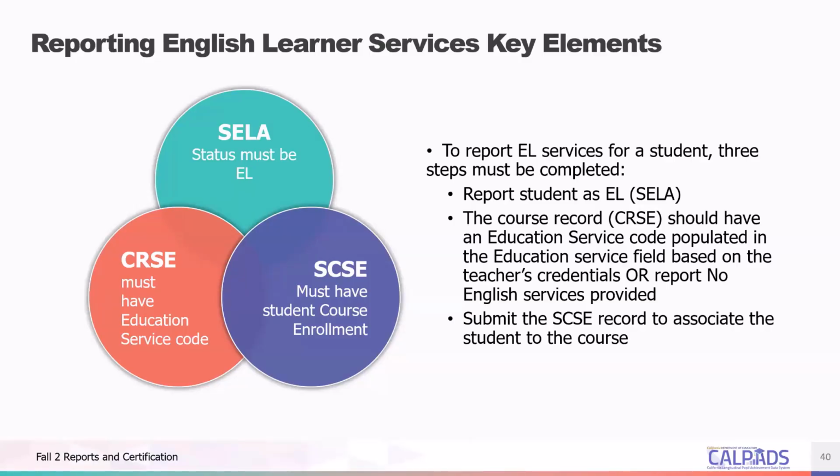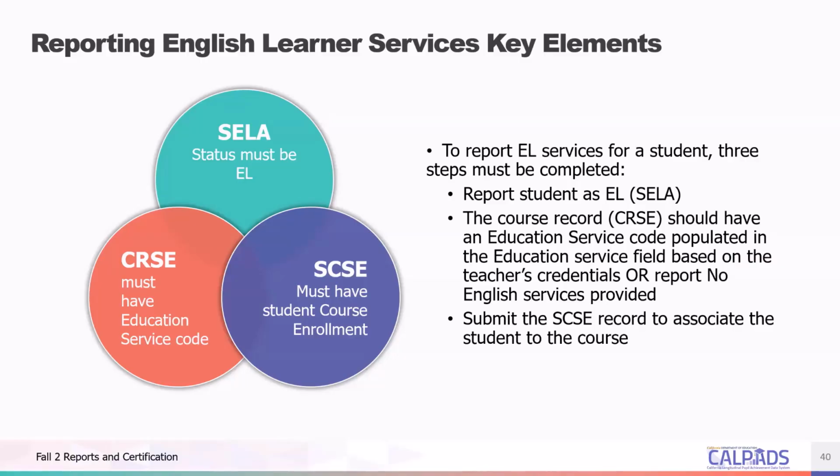It is appropriate to report 5 in your course section if that staff member is not providing EL services based on the curriculum or their authorizations. If they're not authorized, 5. If they're authorized, but that course is not designed to provide EL services and the staff member is not providing those services, 5 is appropriate too.